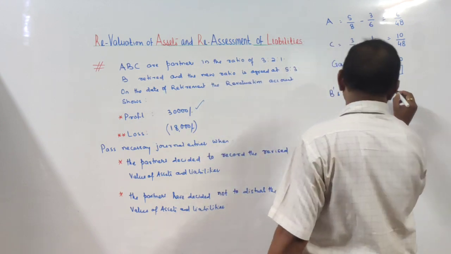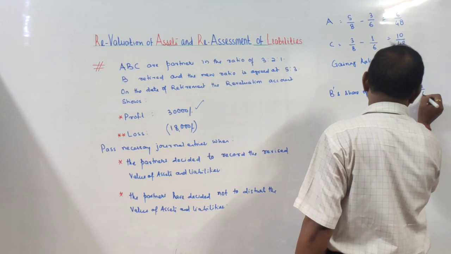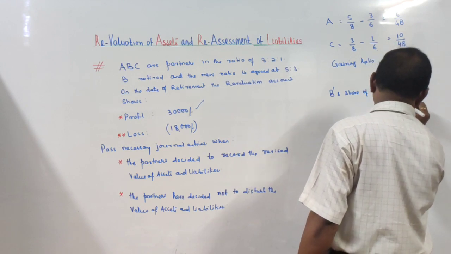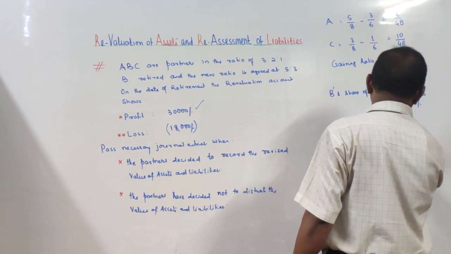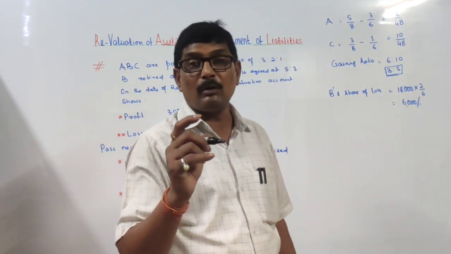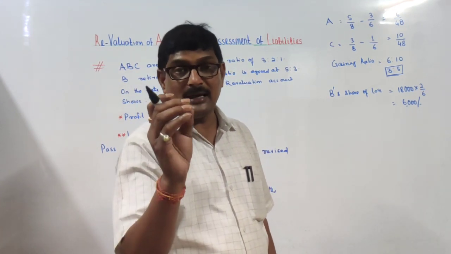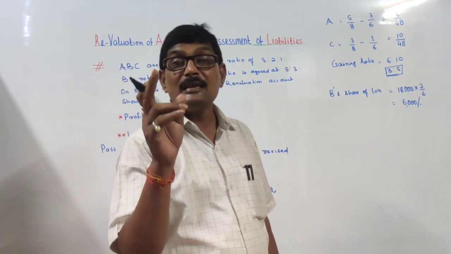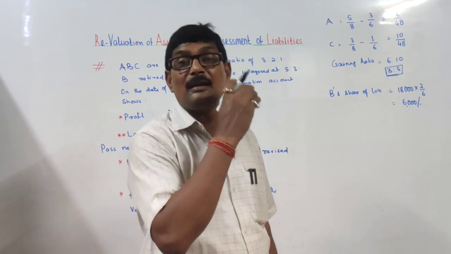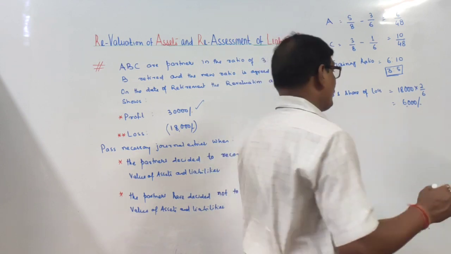B's share of loss is 18,000 into 2 by 6, that is 6,000. Now in future, this loss is to be borne by whom? That is to be borne by A and C. So now the retiring partner or the sacrificing partner has to compensate the gaining partners. Right? The sacrificing partner has to compensate the gaining partner.